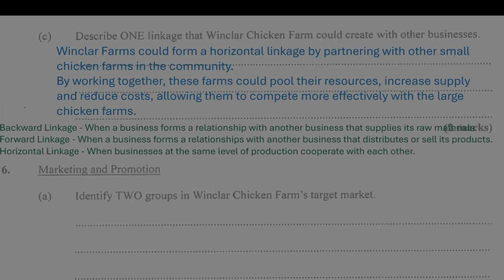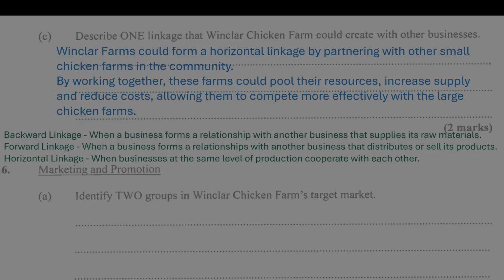These are the different types of linkages. Firstly, we have a backward linkage. So when a business forms a relationship with another business that supplies its raw materials. So suppose we are Winkler Chicken Farms.